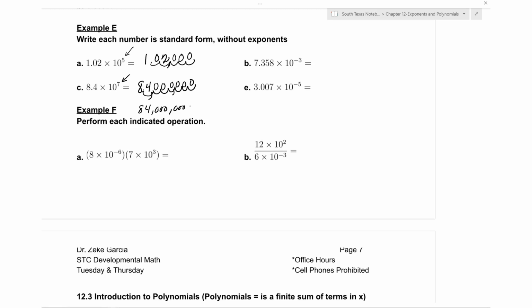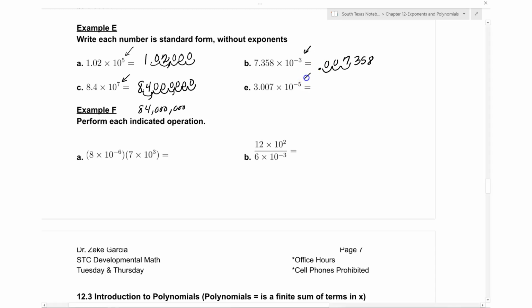Example B, we have 10 to the negative 3 power. So we're going to move the decimal to the left side. So we have 7.358. We're going to move over 3 spaces: 1, 2, 3. So it will be 0.007358.